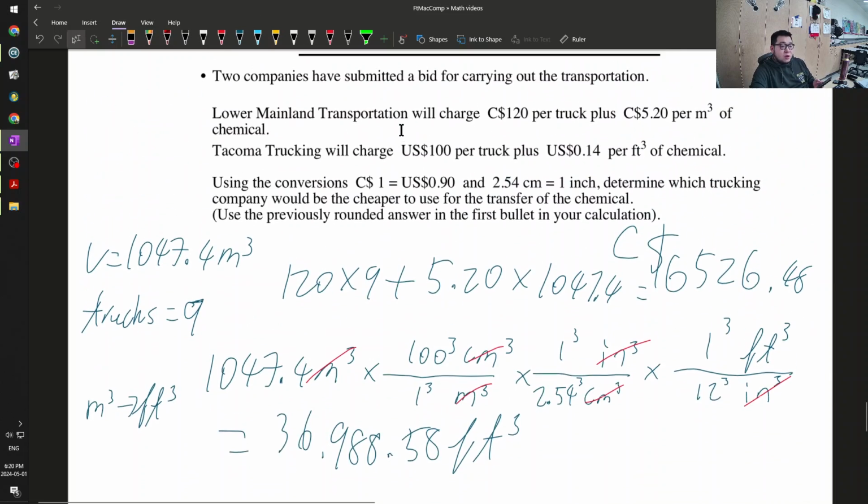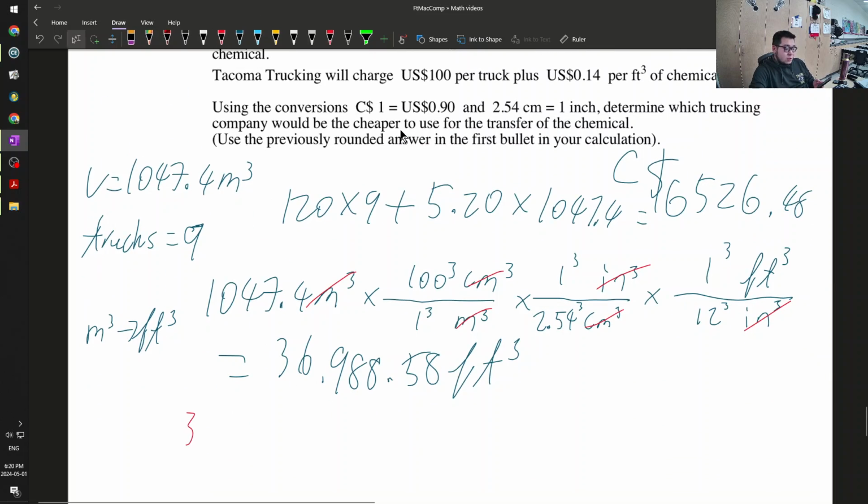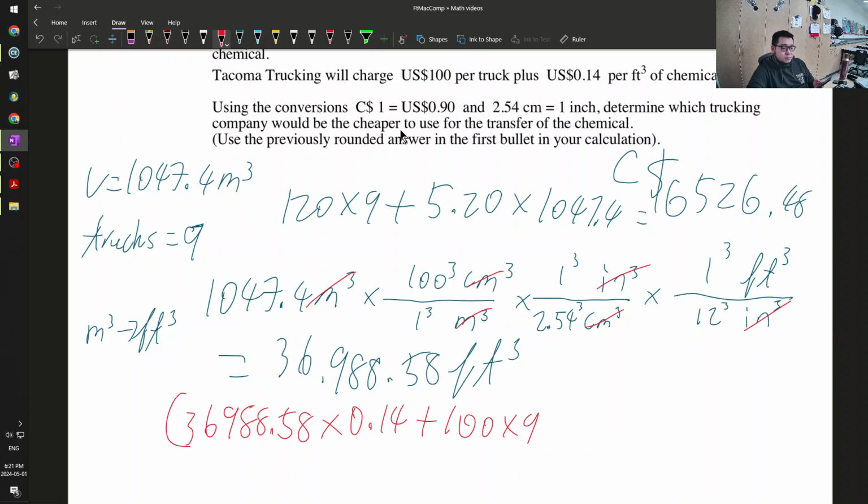Okay, so how much per feet cubed? 36,988.58 times 0.14 plus how many dollars per truck? 100 times 9. Then because this is all USD, and we know that 0.9 USD is equal to 1 CAD, USD and USD cancel, we are left with Canadian dollars.